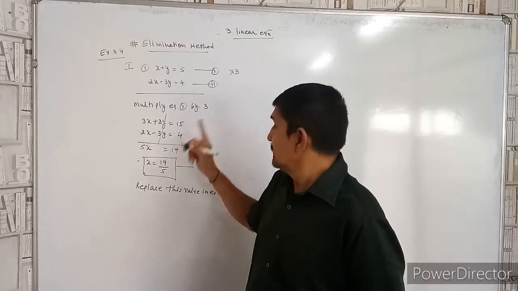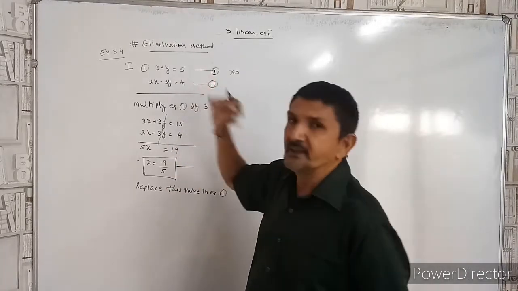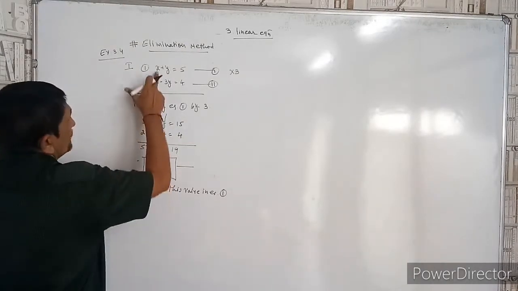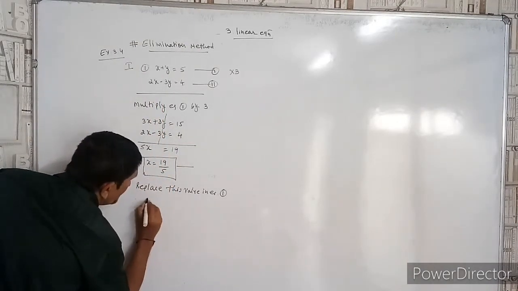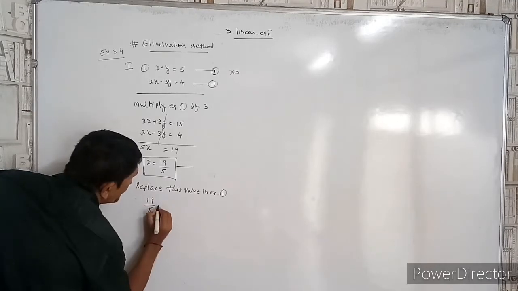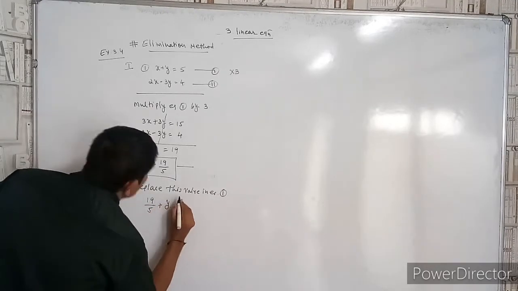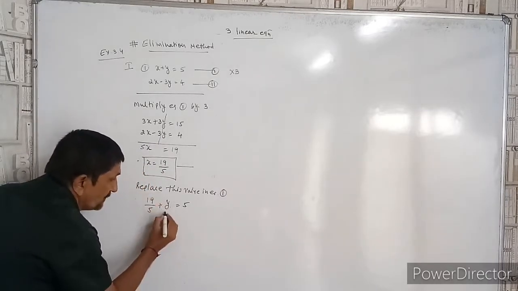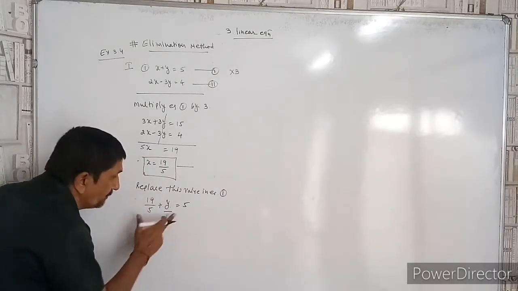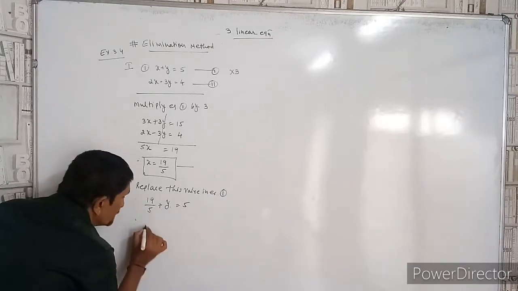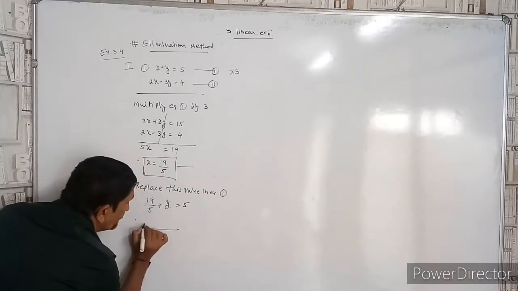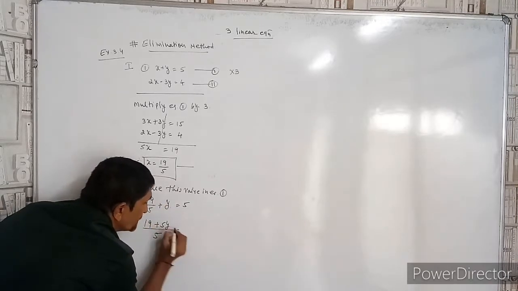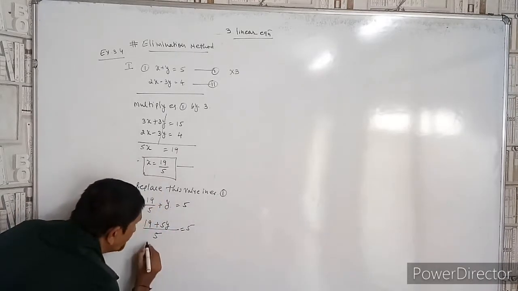In place of x you write 19 by 5. So in equation 1 it is 19 by 5 plus y is equal to 5. First of all, this is a fractional number, and here nothing is given, that means it is upon 1. So you have to take the LCM. What is the LCM? 5. 19 will not be multiplied, but 5 will multiply with y, so it is 5y is equal to 5.